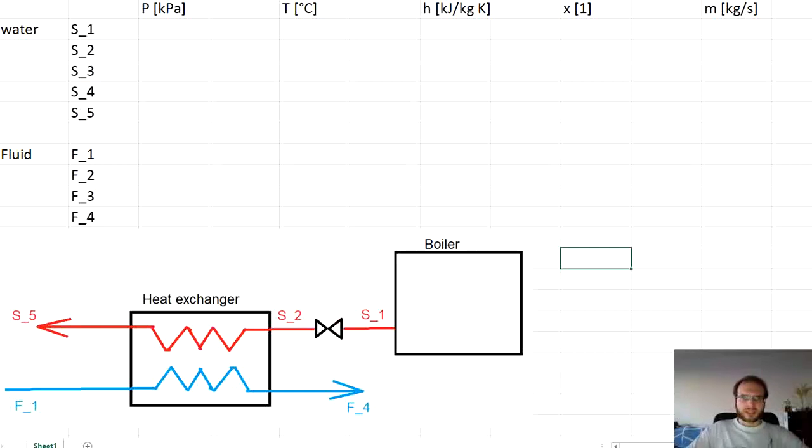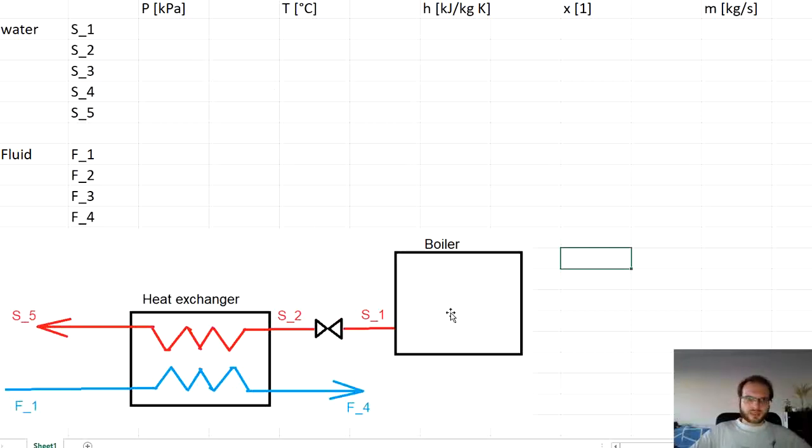Okay, now let's prepare a table where we will have the points S1 to S5 and F1 to F4, and we will have several columns for pressure, temperature, enthalpy, steam quality, and mass flow rate. First, let's start with the parameters that we know.